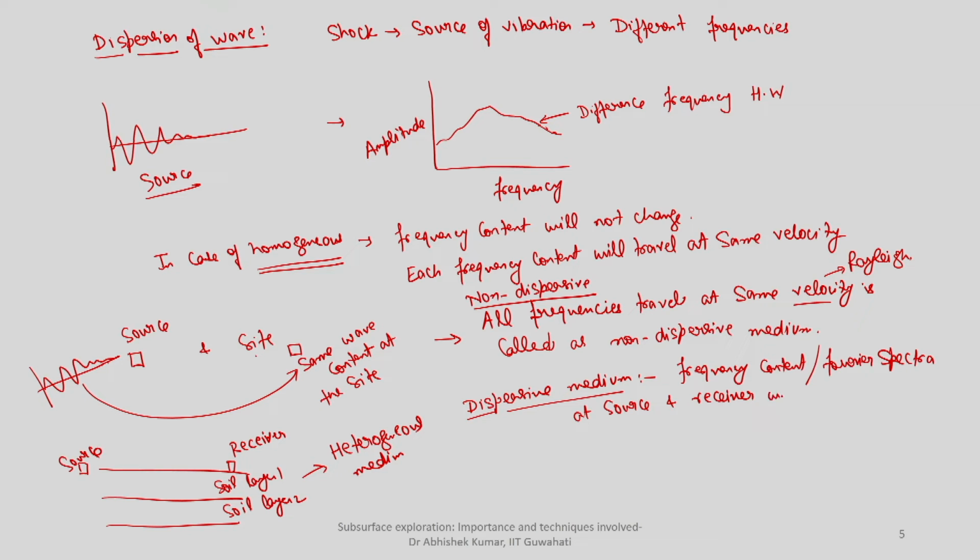The spectra at the receiver will be different, which is an indication of different frequencies of waves, or wave content, travelling at different velocities.